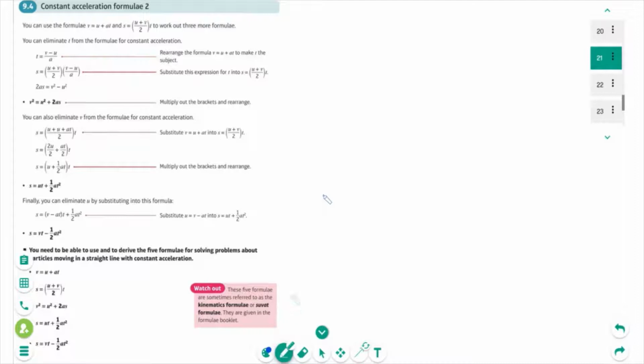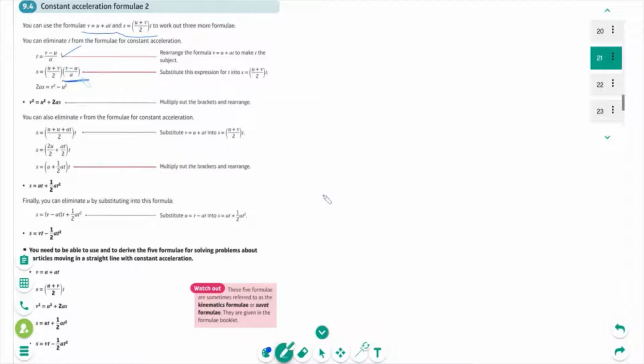So yesterday I showed you those two equations, v equals u plus at, and s equals (u plus v) over 2 times t. You can get more equations by doing a bit of algebra. If you take the first equation and rearrange it to make t the subject, t equals (v minus u) over a. Then if you substitute that into the second equation, you eliminate t.